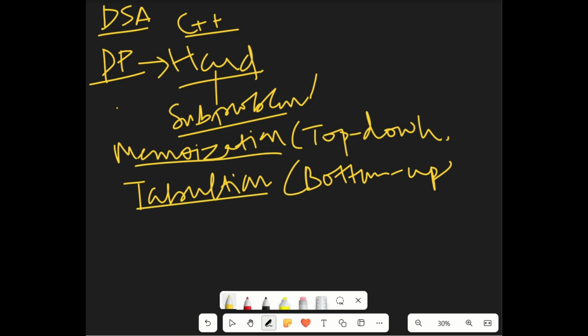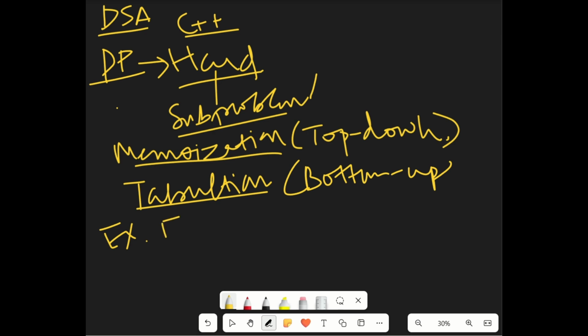DP stands for dynamic programming. It basically has a definition: we have complex problems, we break them down into subproblems and solve them, storing solutions. Types of it are memoization, which goes from top to bottom, and tabulation, which goes bottom to up. And what are the examples for it?